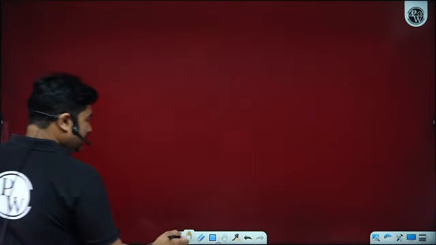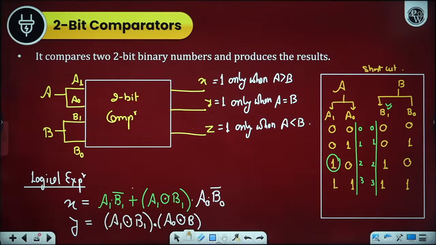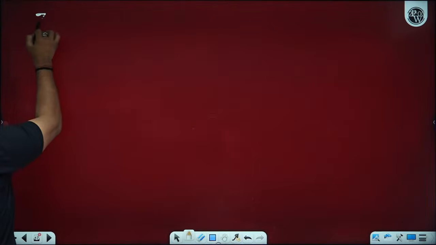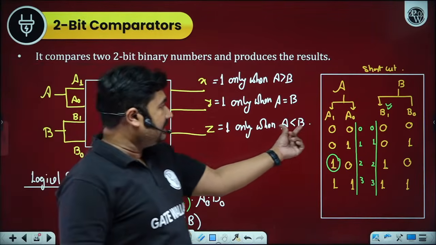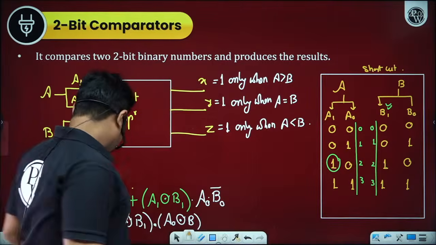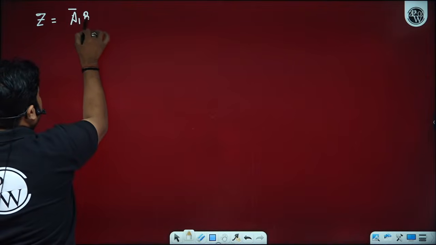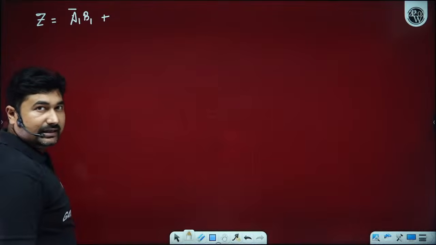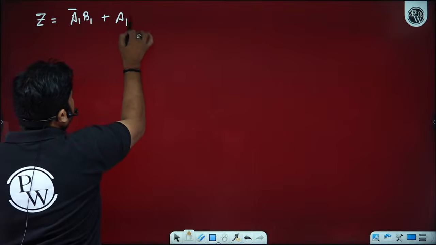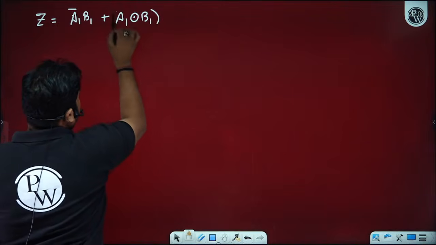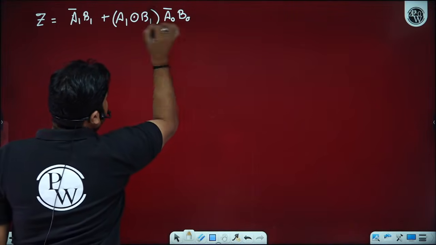Now please observe the last one, that is the logical expression for Z. Z is high when A is less than B. A is less than B means, first, in case A1 is low but B1 is high, we will get Z high because that indicates number B is greater than A. If A1 and B1 are equal, then the LSB of A number must be less than the LSB of B number.